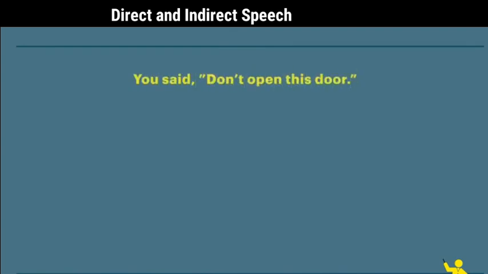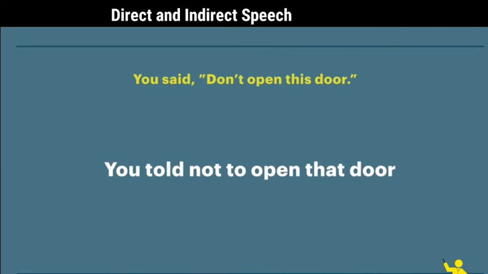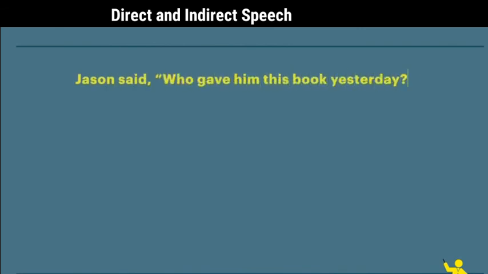You said, "Don't open this door." This is a command or order. So you told not to open that door. Jason said, "Who gave him this book yesterday?" Now this is a WH question.